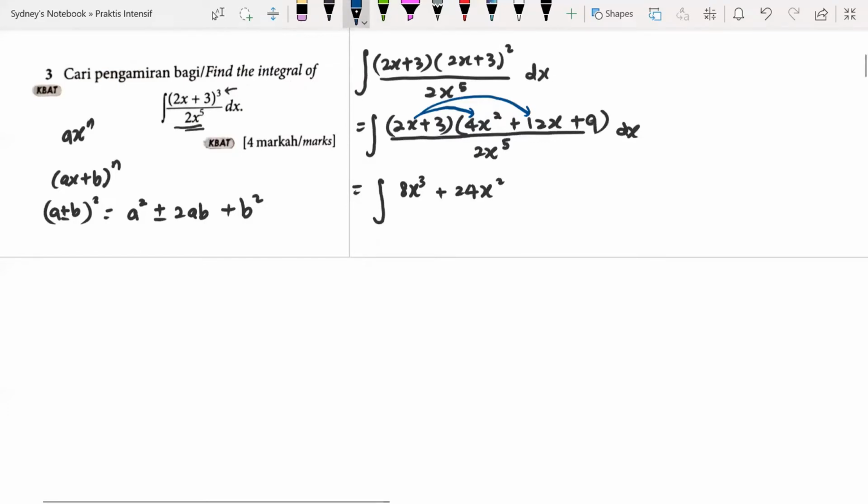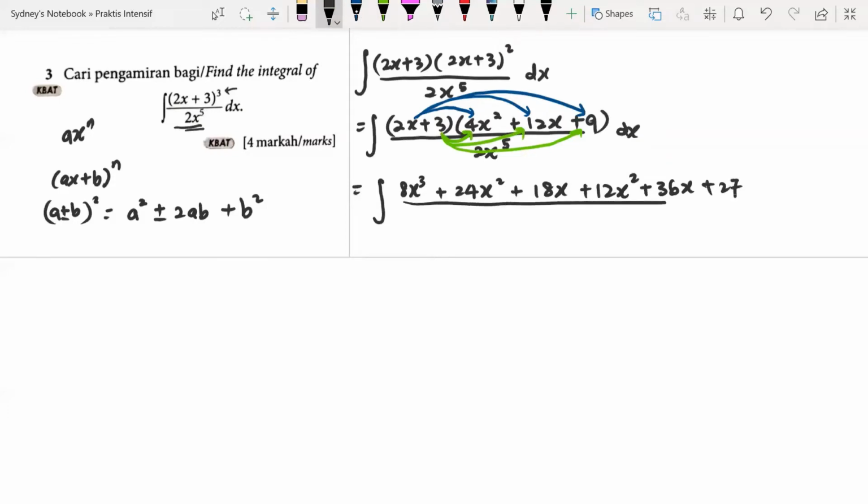And next, 2x times 9, and we have 18x, followed by 3 times 4x squared, so we have 12x squared, and 3 times 12x, we will have 36x, and finally 3 times 9, so we have 27.